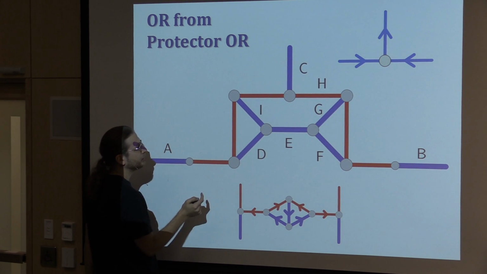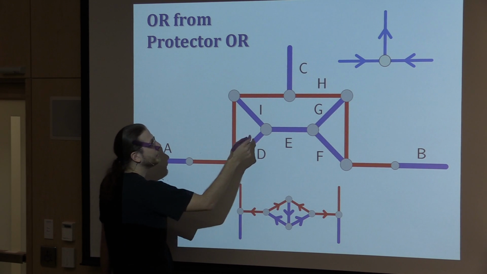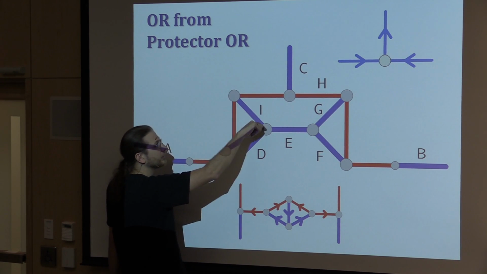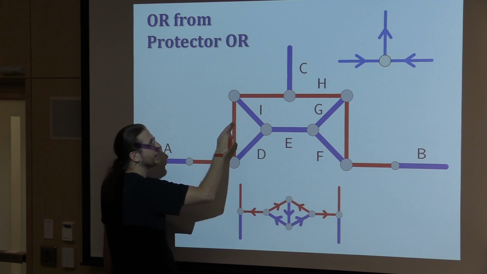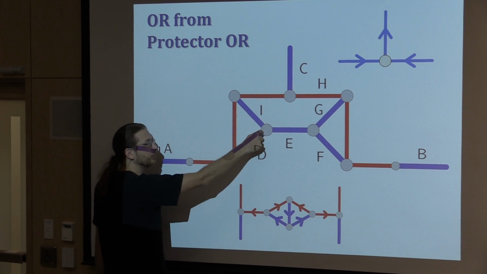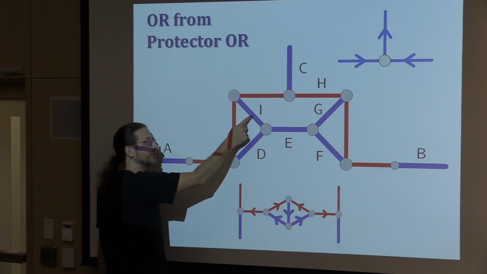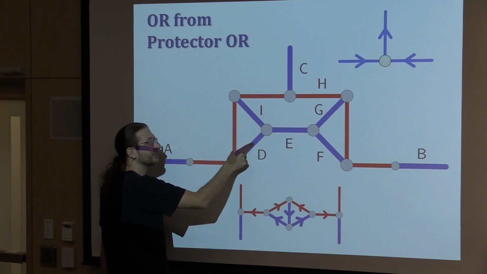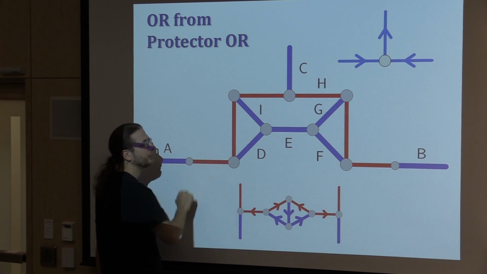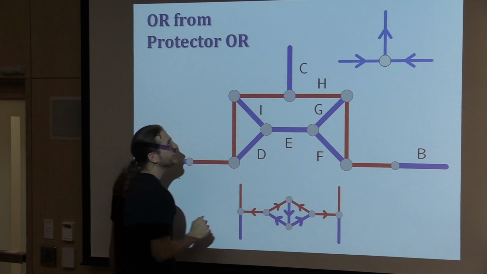I'm guessing symmetrically, yeah, if this one is pointing into the vertex, then that must mean both of these red guys are pointing into that vertex, which means this guy must be pointing out of that vertex. So if this one is active, this guy is inactive, and vice versa. So this is protected from those two. Similarly over here.